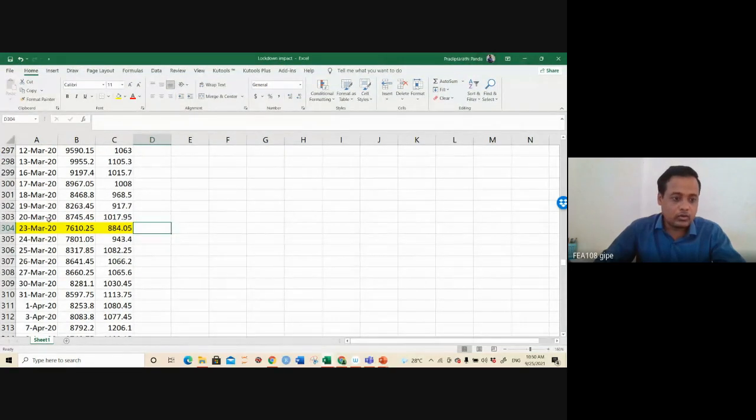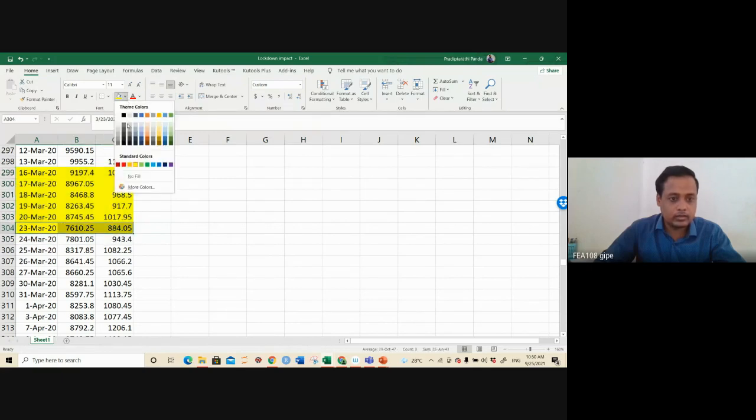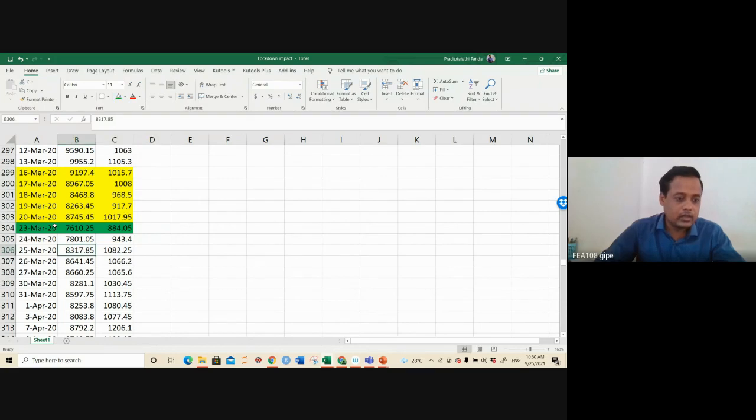First you go, you can mark the event into different color. This is minus 5 days, and you go for plus 5 days.